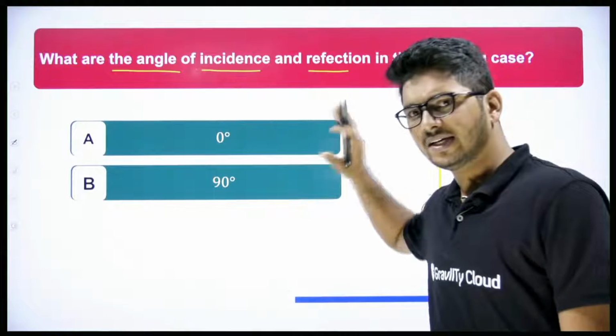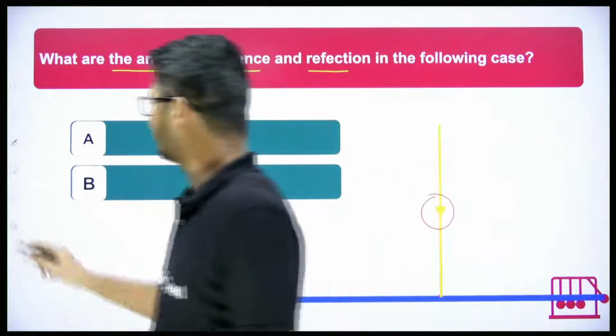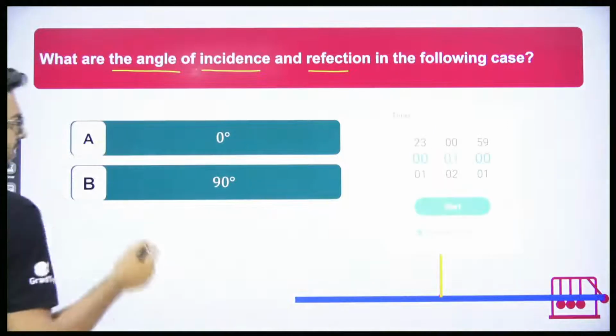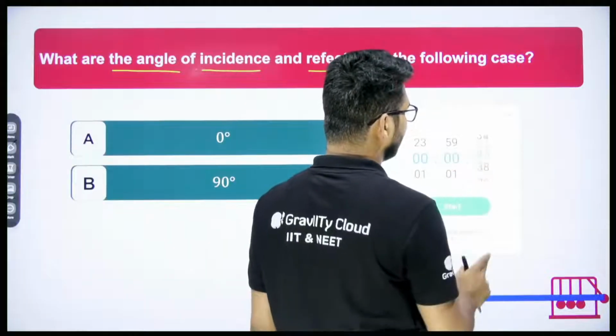Two options, 0 degrees, 90 degrees. What is that going to be? I'll give you 30 seconds of time. So please think and then answer.